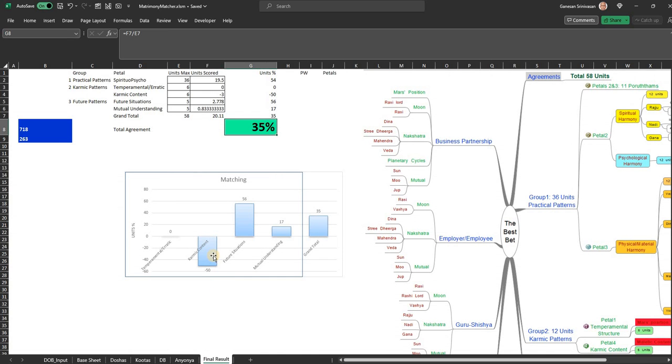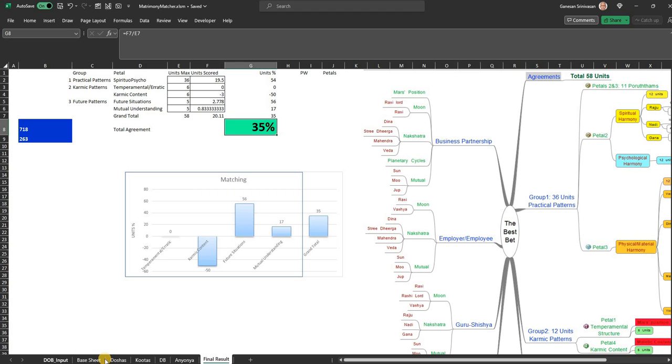So the final result: the karmic contact is so low, and 35% is the total overall, which is very poor. For this, I would suggest don't marry at all, but they are in love. But I don't know. So I have advised the parents to maybe wean them out because it will end up in some trouble. I don't know where it would end up.